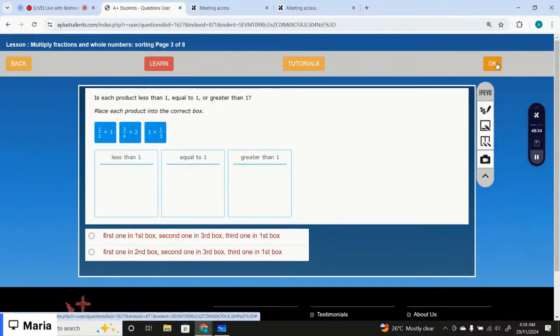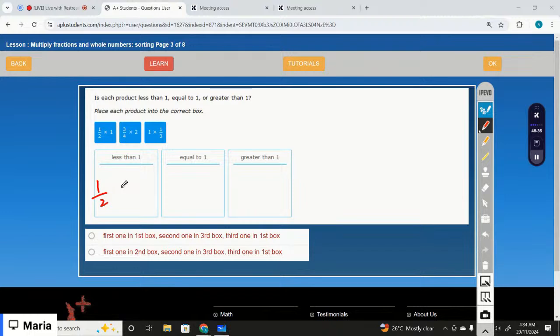Is each product less than 1, equal to 1 or greater than 1? 1 by 2 times 1, that is less than 1. 2 times 3 is 6 by 4, that is greater than 1. And 1 times 1 by 3, also less than 1. So which is the correct option?